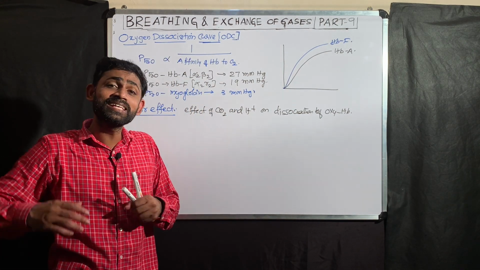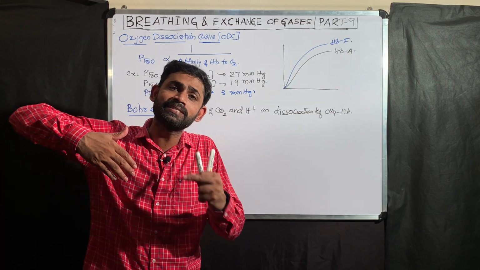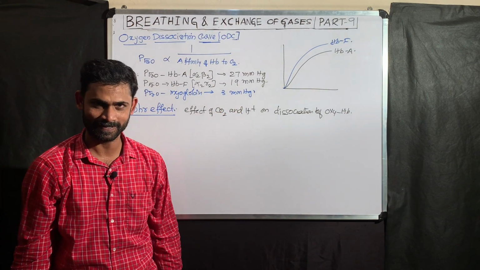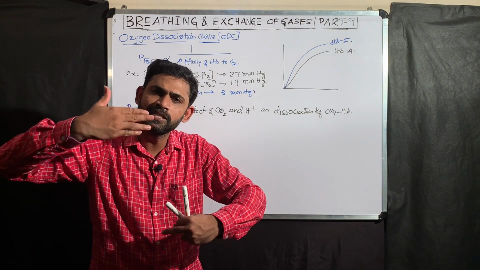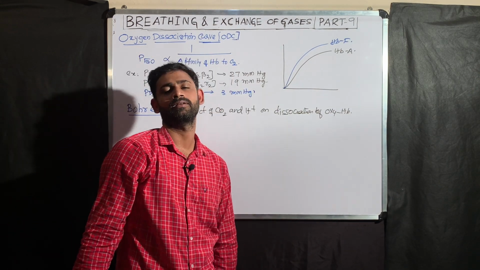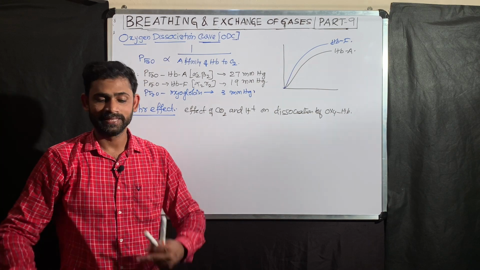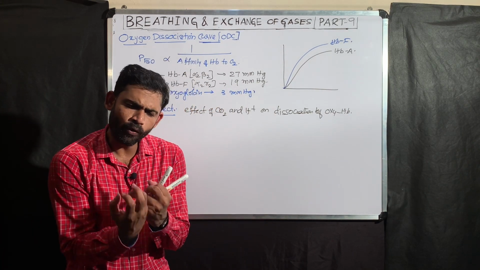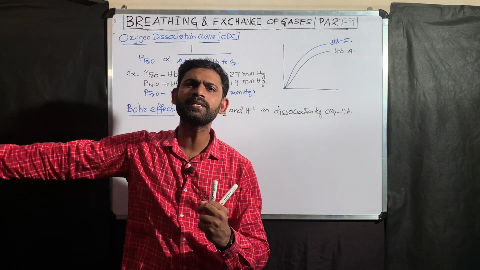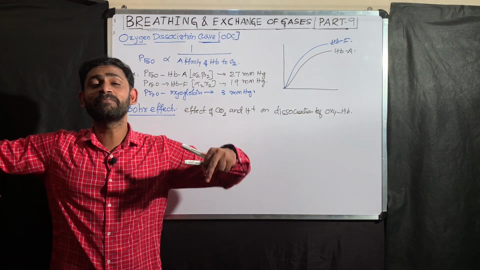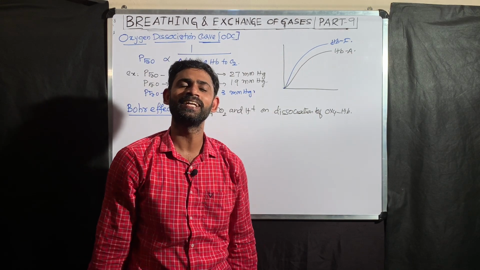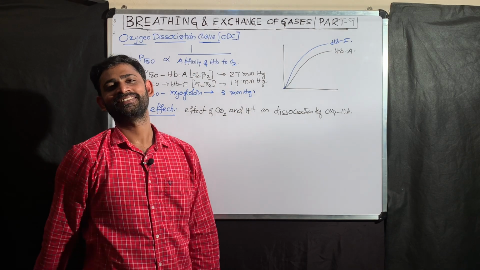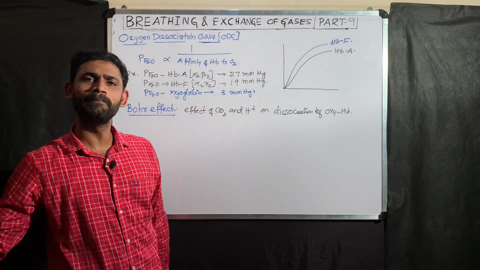When these CO2 and H plus ions are more in amount in the blood during exercise, they bind with the hemoglobin and force it to release oxygen. Thereby more oxygen is dissociated, and there is more availability of oxygen to the tissues. That is why this is called the Bohr effect.